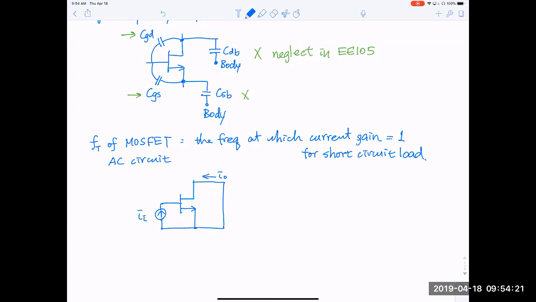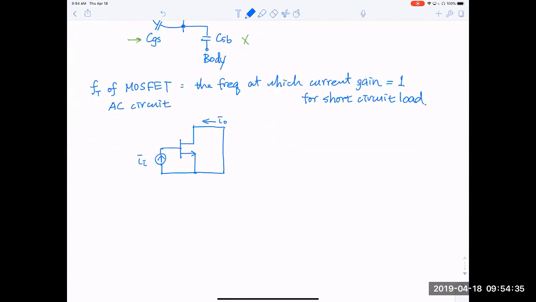In a circuit, you usually get a lower bandwidth than this FT. So FT is an indication of how fast you can run the circuits. This is more for analog circuits, but in digital circuits, typical clock rate runs at about 20% of FT.